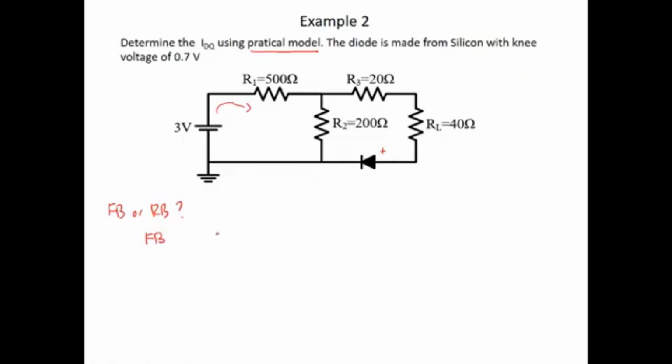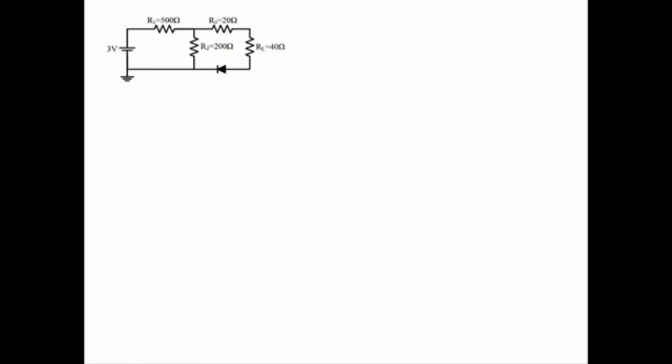So in a practical model, if the diode is in forward bias, we replace the diode with a DC source. Because this is silicon and the knee voltage is 0.7, the value of the DC source is 0.7 volt. So we can redraw the circuit.